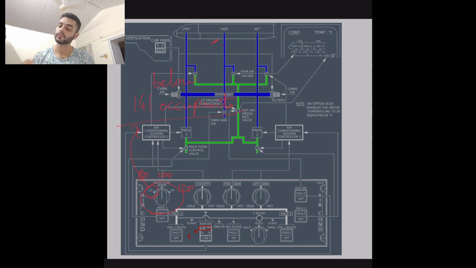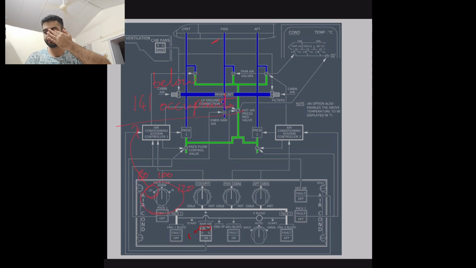Your next one, normal airflow, is just for normal operating cases, and high is used in case you have hot and humid conditions. Like Mumbai, it's hot, it's humid, put it on high. High conditions do not depend on passenger load.